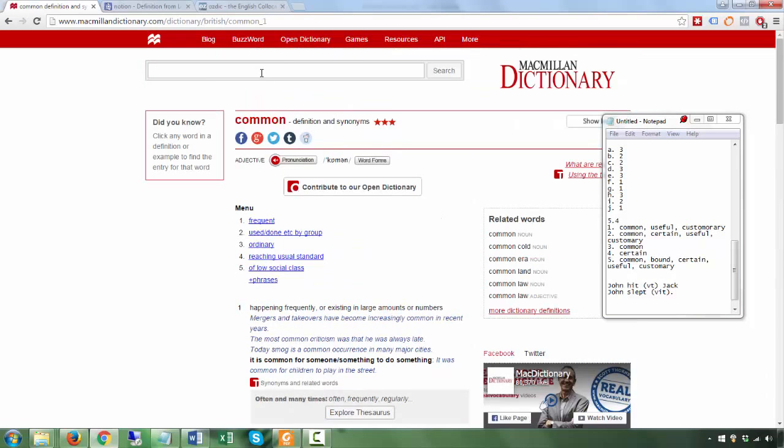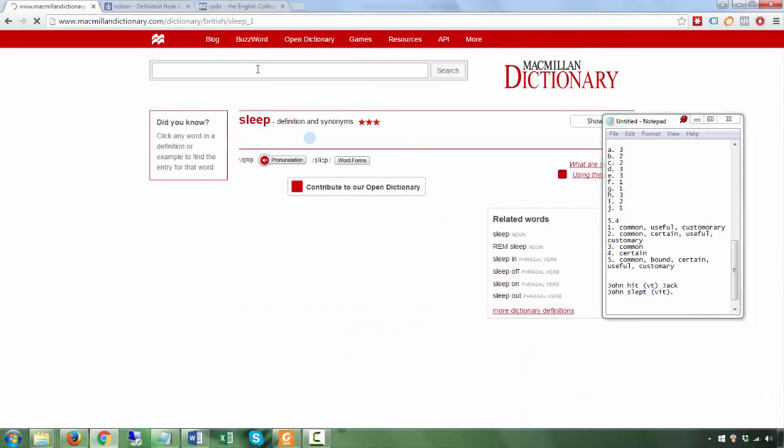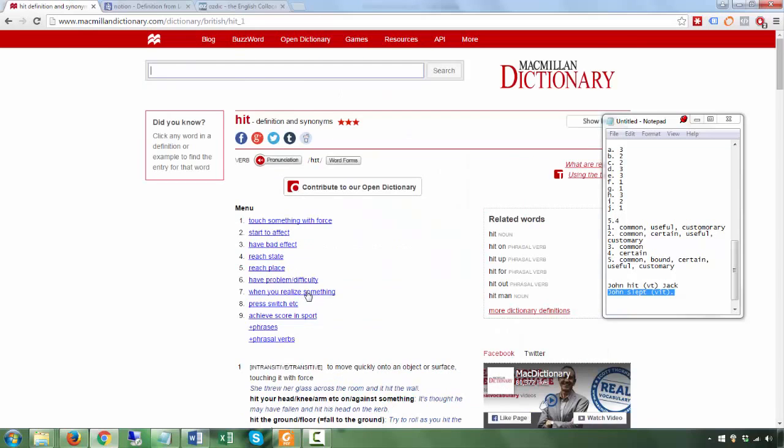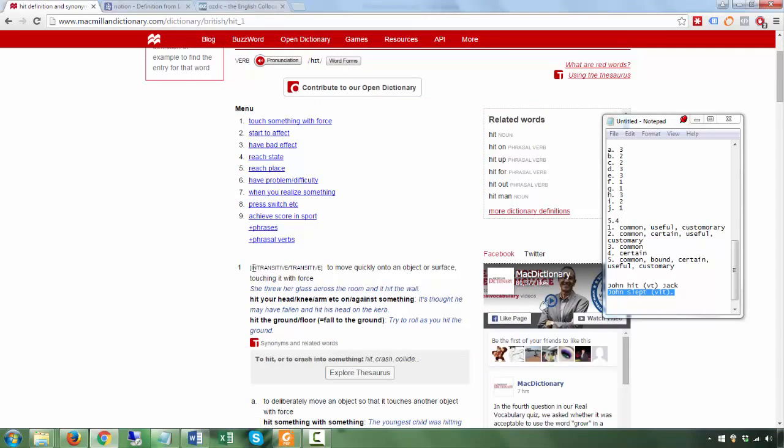Say you take the word sleep. Just now I said sleep is intransitive. Actually, that's not true. When you use it here, it's intransitive. Okay, but there is a transitive use, which means there's a direct object after it, and you don't really use this meaning, but it's there. Okay, and let's look at the word hit. Okay, so the first meaning, to touch someone with force, can be used in both a transitive and an intransitive way.